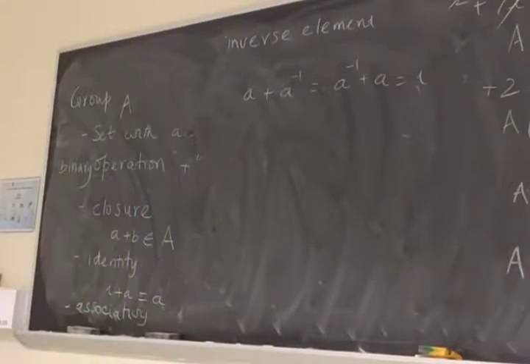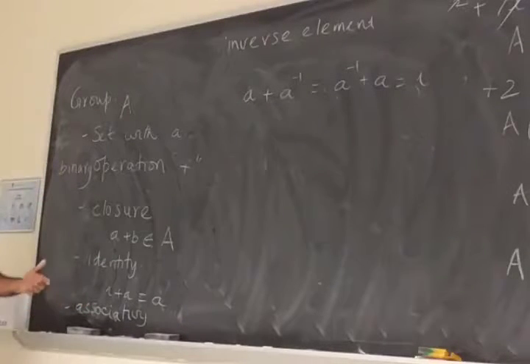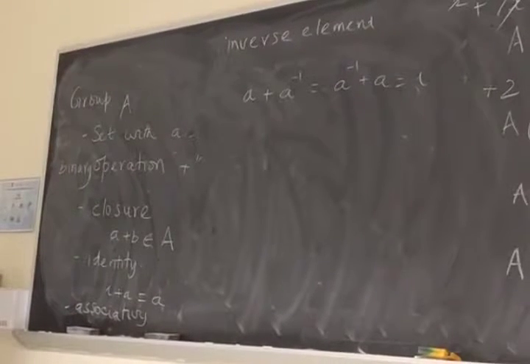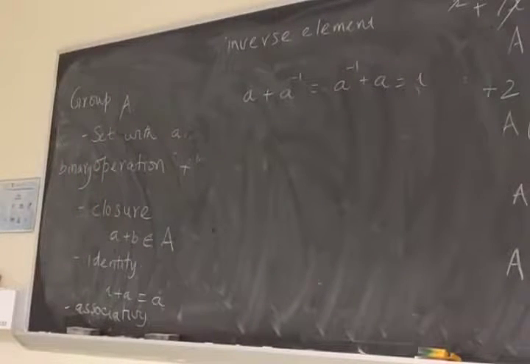Obviously, if you think about integers with the addition operation, that is a group, where plus is the addition, 0 is the identity element, and for a number n, minus n is the inverse.